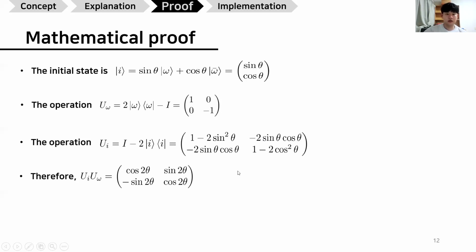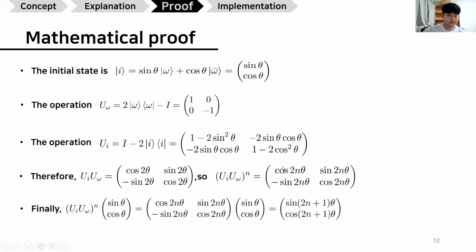In general, the power of a matrix is a difficult problem, but for a rotation matrix the power is very easy, just n times the angle. So if you operate n times on the initial state, we get this state. It is the same result as I mentioned.